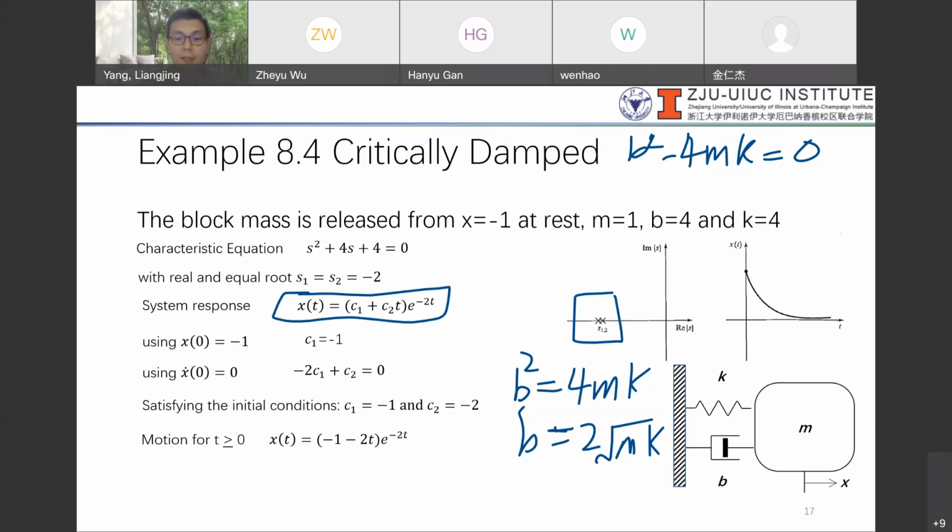In this case, solve for your C1 and C2 that satisfy the initial condition to eventually arrive at your system response. So for the motion starting from t equal to 0, all the way where your t slowly increases, you will have a signal of x(t) that looks something like this.